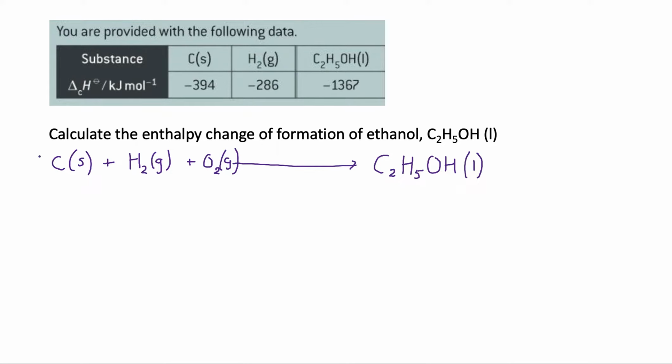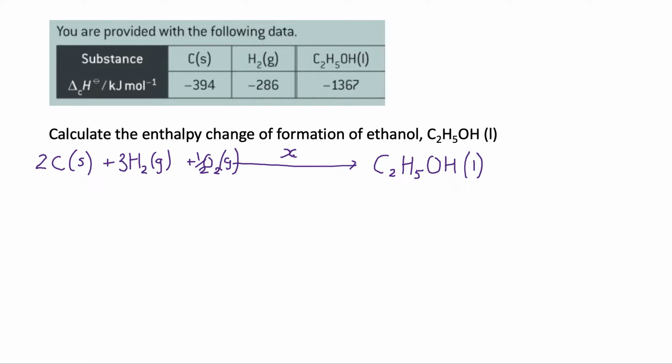So to do that, we need to have 2 carbons here. We've got 6 hydrogens on this side, so we need to have 3 hydrogen molecules here. And we've only got 1 oxygen on this side, so that means we only need half an O2 molecule here. Okay, so this is the one that we're being asked to work out. So we're being asked to calculate the enthalpy change of formation of ethanol. This is the X, this is the one that we don't know.